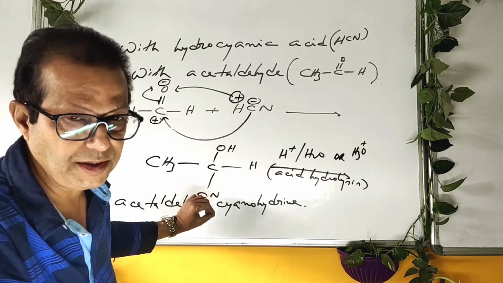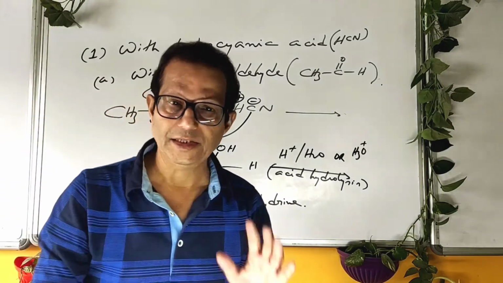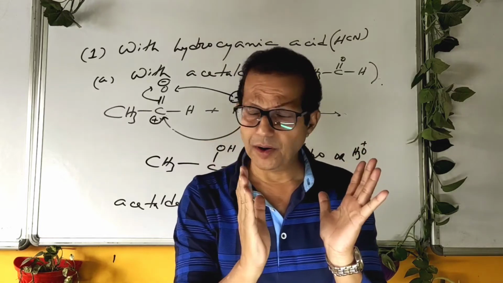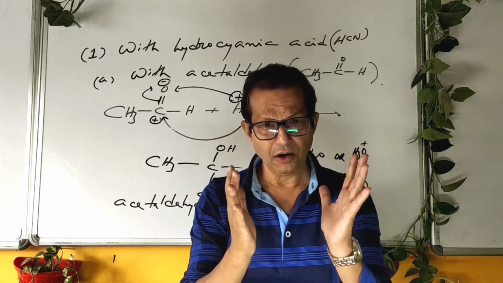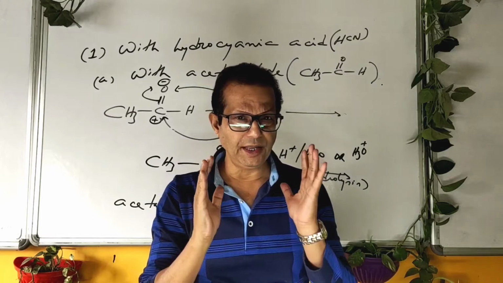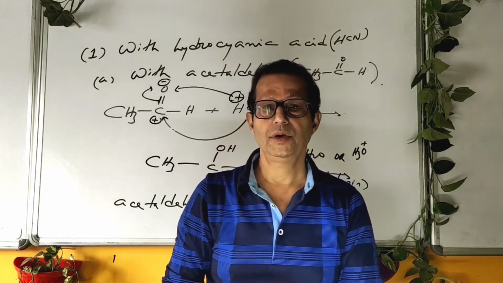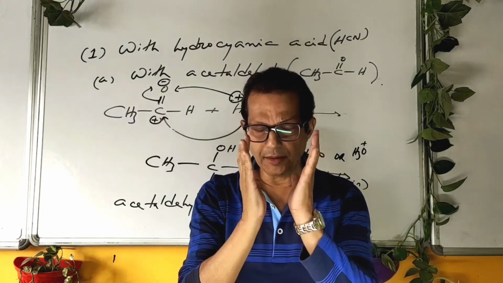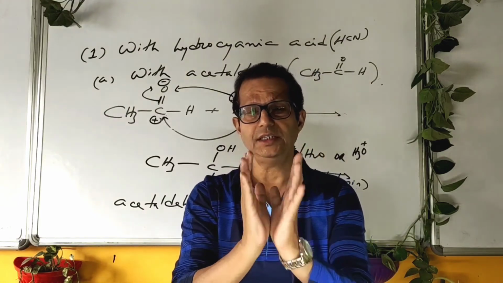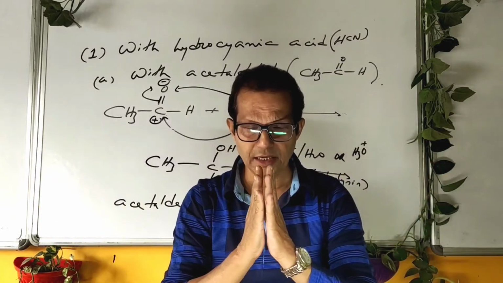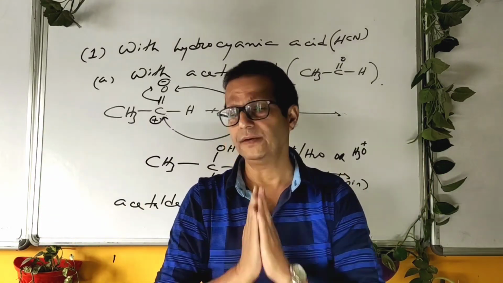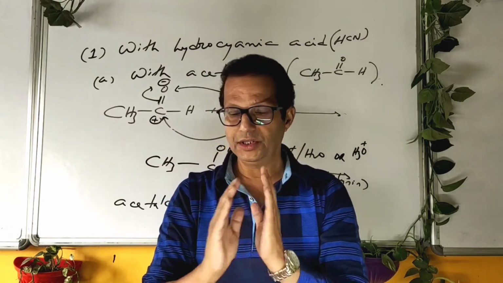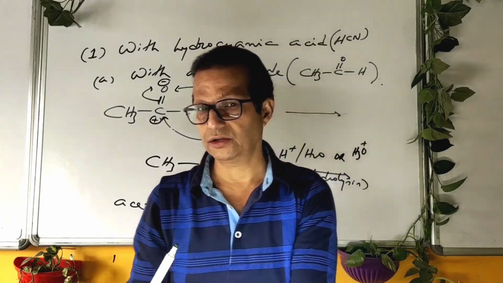So once again I repeat, in organic chemistry, if any compound, aliphatic or aromatic, contains a cyano group, on acid hydrolysis it doesn't change any other group, rather it changes only the cyano group into a carboxylic acid group. This is very helpful for your entrance also, okay?